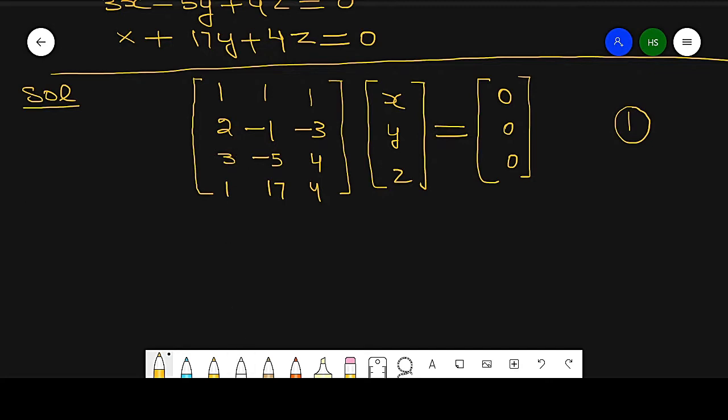Now we will reduce this equation into row reduced echelon form. In the first step, my aim is to make these terms 0.